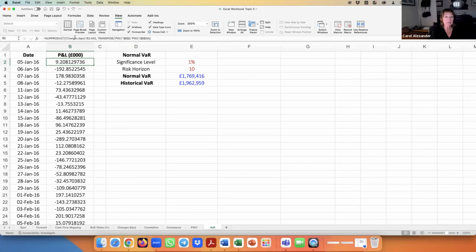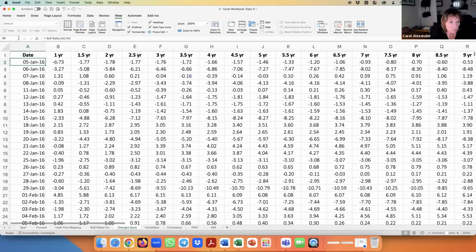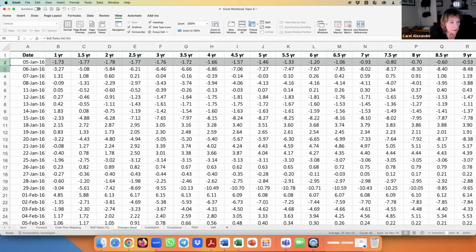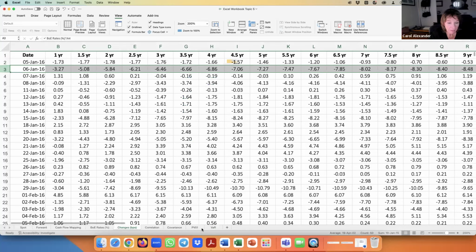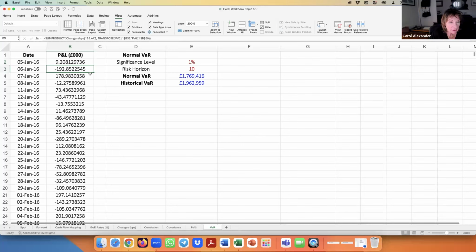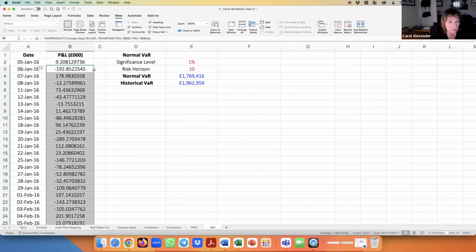I could have done this with an mmult command, but I chose not to. So when we build down, this bit doesn't change, but now we've gone to the next row in the basis point changes. So we've moved from this row to this row. And we continue down the whole lot.